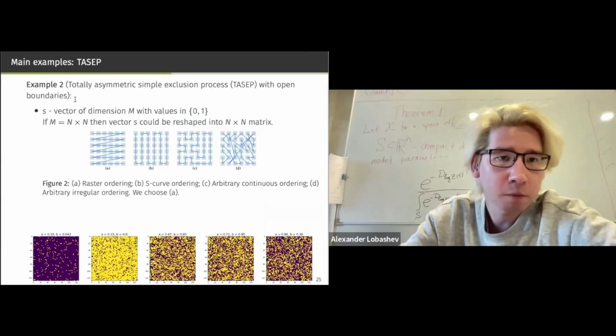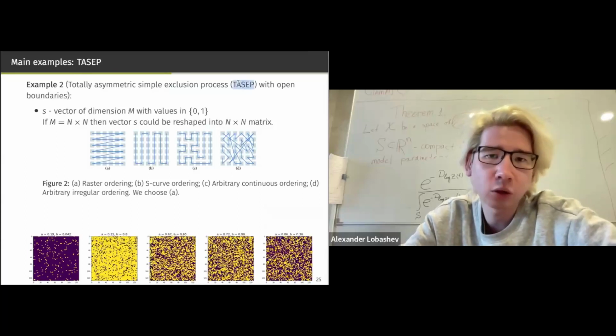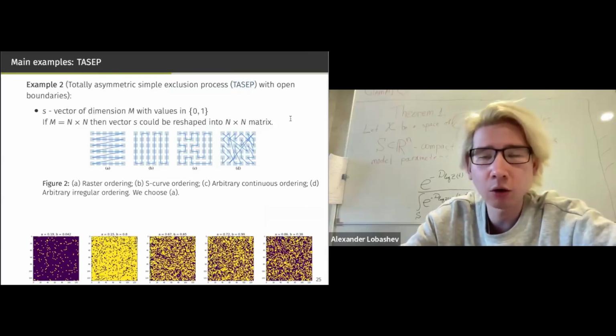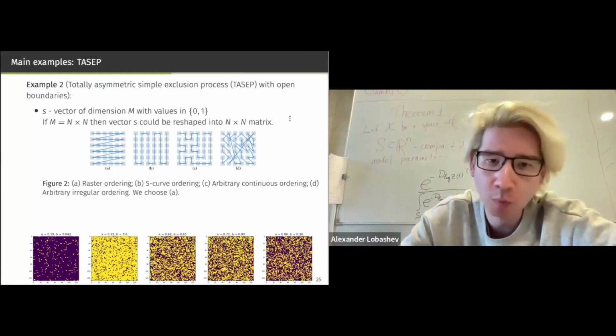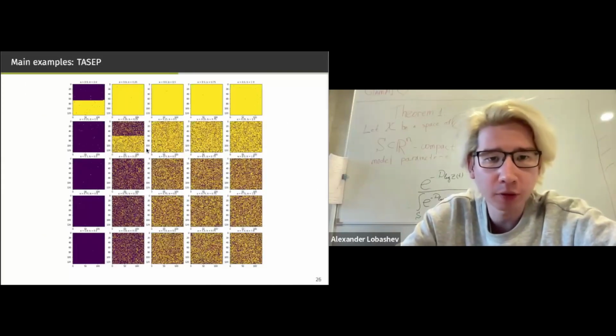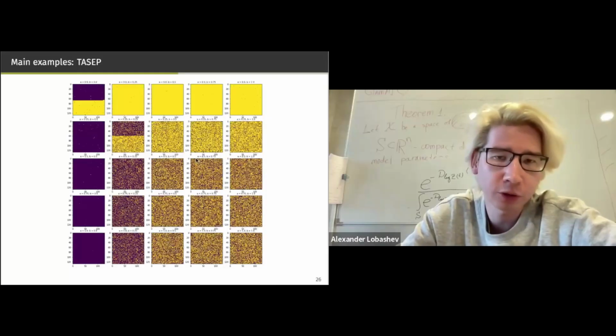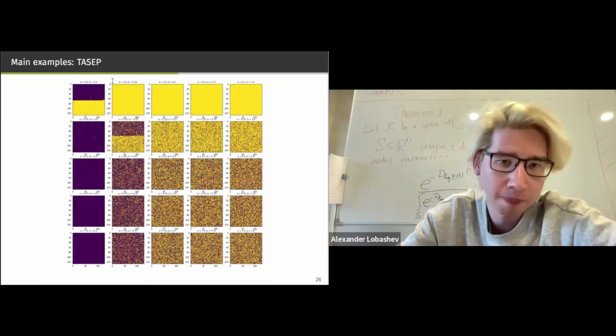Another example is the totally asymmetric simple exclusion process. I will not talk about exactly what it is, but it also has a tractable partition function or tractable free energy. And this is a similar latent space with visualized microstates for the TASEP model.